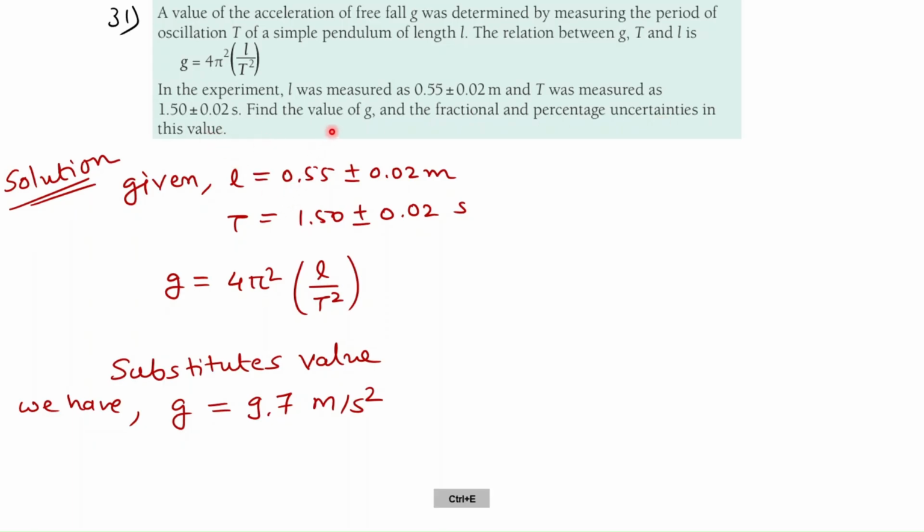Okay, we do a similar kind of question. Given L from the question, substitute the values and you get the g value, which is 9.7 meters per second squared. Now they ask about fractional and percentage uncertainty.